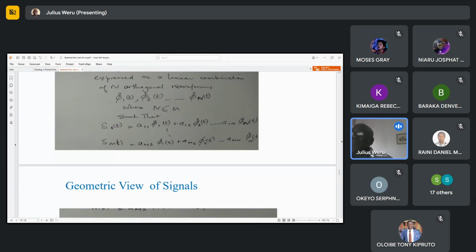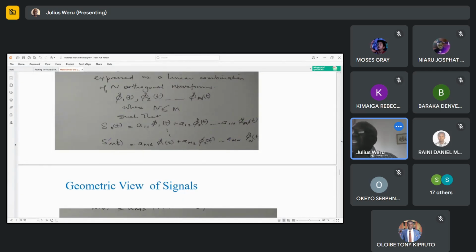It means s_i of t, i varying from 1 to M, and the orthogonal basis going from 1 to N. So it will be s1 of t is equal to A11 phi 1 of t plus A12 phi 2 of t up to A1N phi N of t.